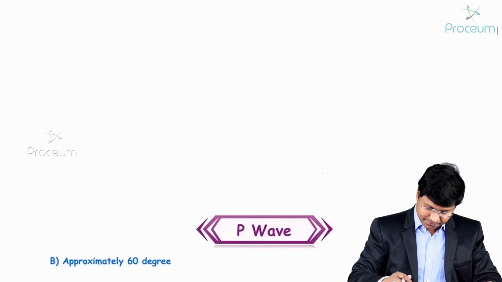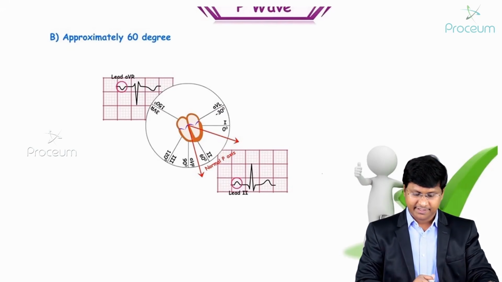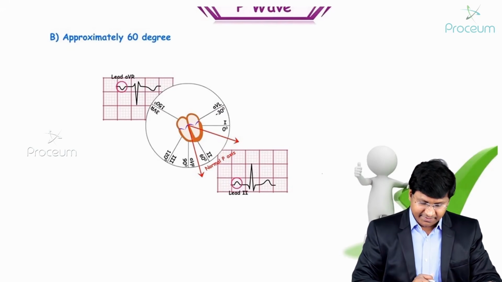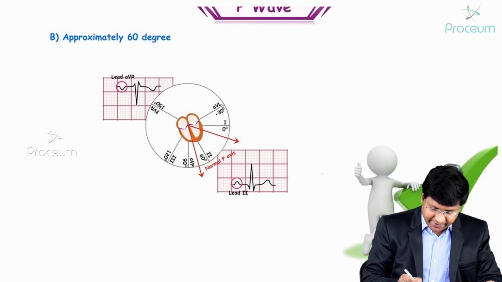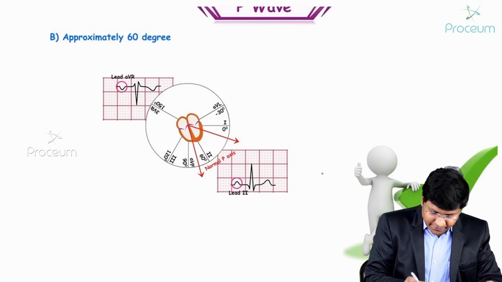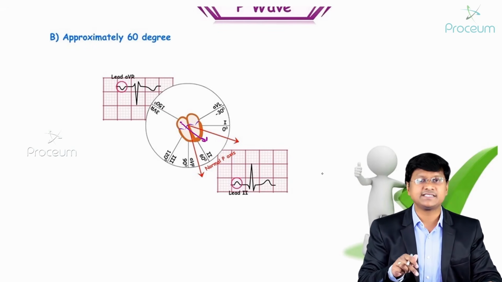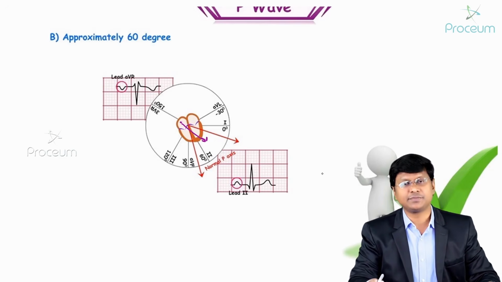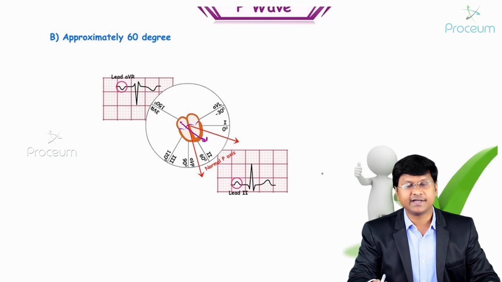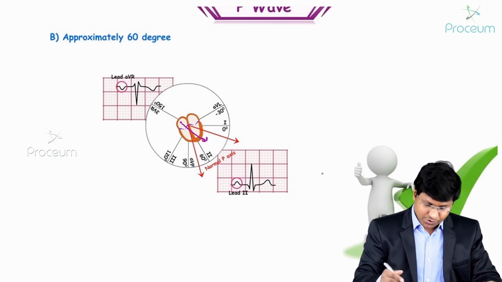If you see this particular image, you can make out that the wave of depolarization from the SA node is moving towards the apex. In your hexaxial diagram, go back to my section on the axis, where I explained the hexaxial diagram in great detail.